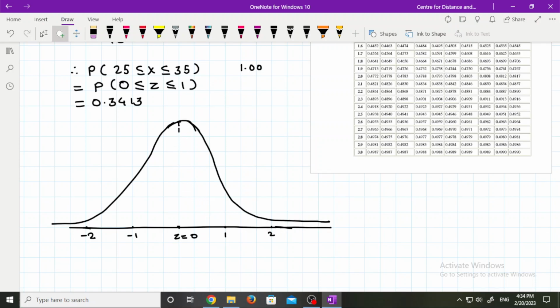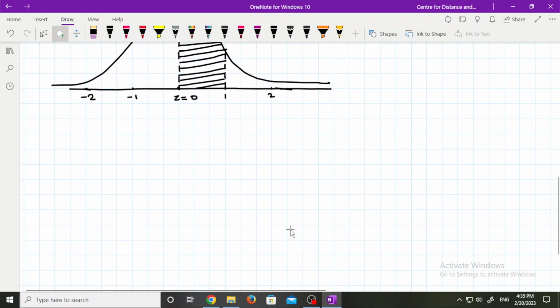This is our z is equal to 0, and this is our z is equal to 1, and this area represents our required area, 0.3413.